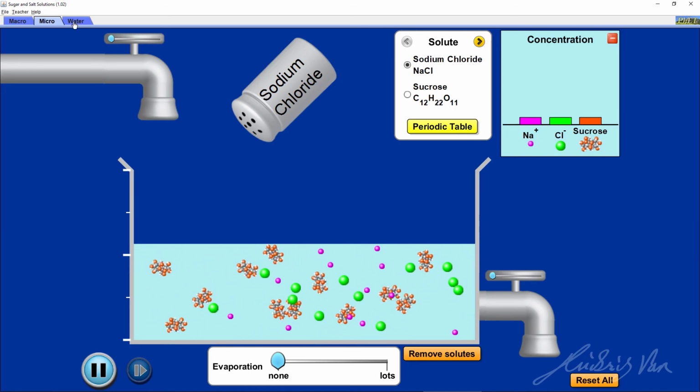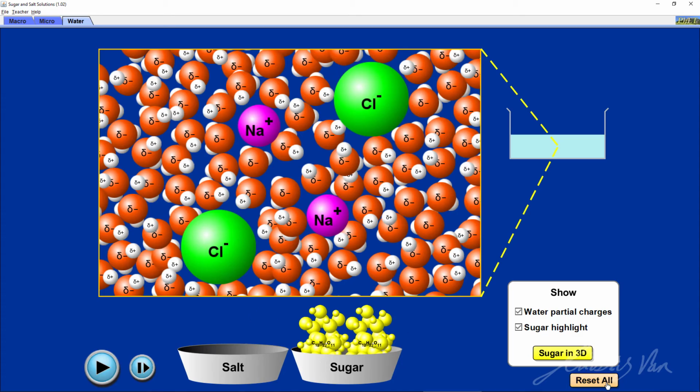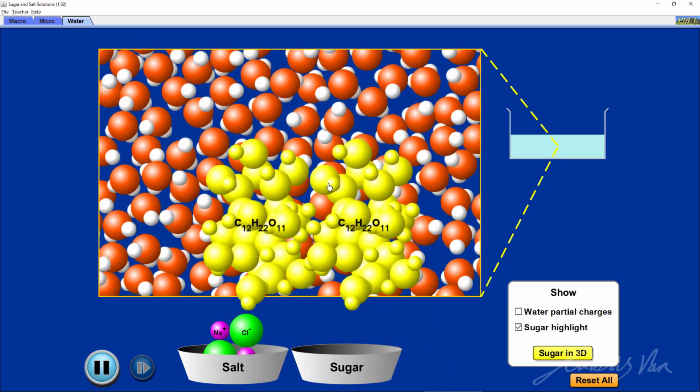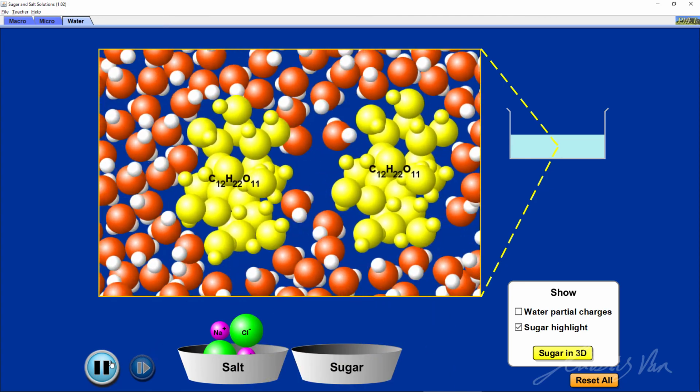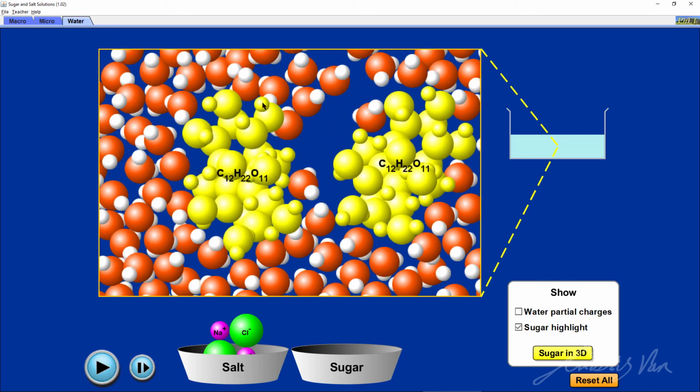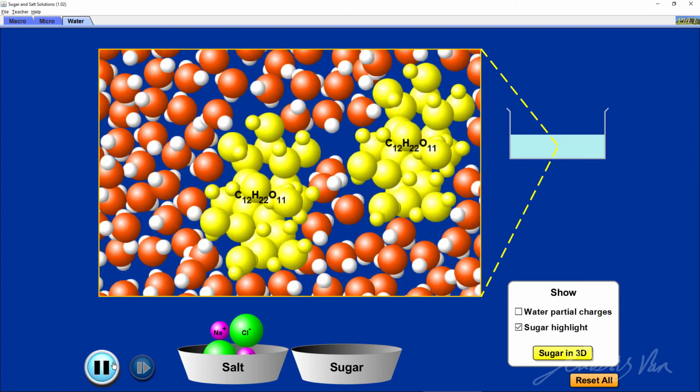So let me just go to this simulation and we will see for the case of sugar molecules. So let me add in sugar. You can see that water molecules will also separate the sugar into individual molecules.